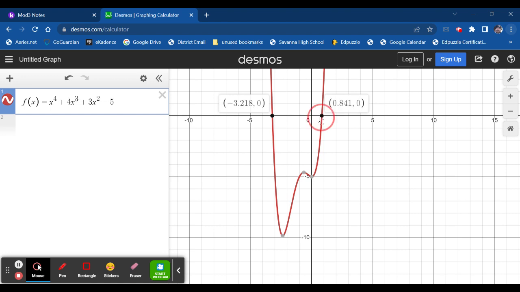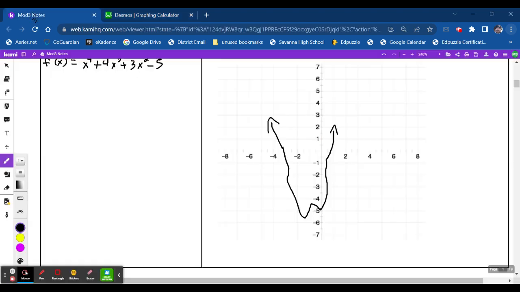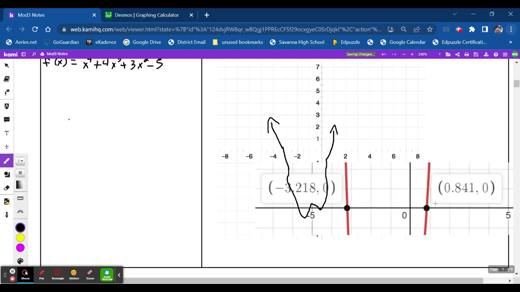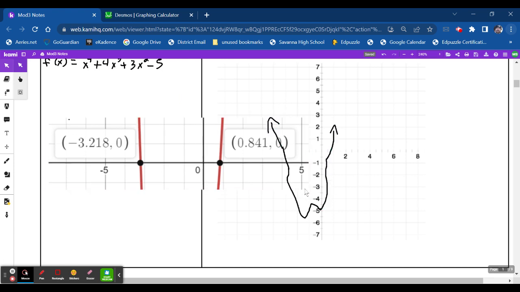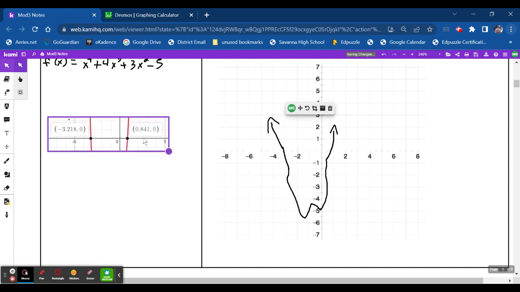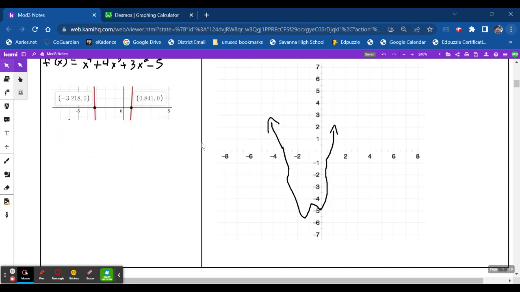I have it at negative 3.22 and 0.841. So if I'm using technology, I can literally just copy and paste, come back over, and paste it right there. So here we go. What are the solutions?